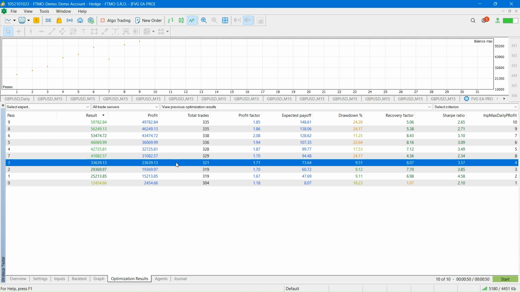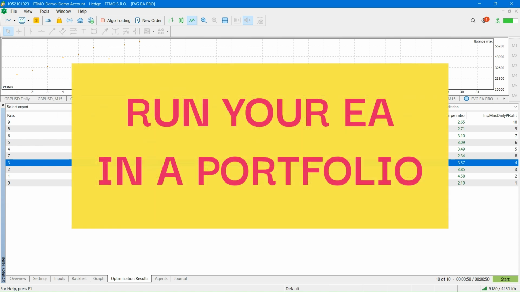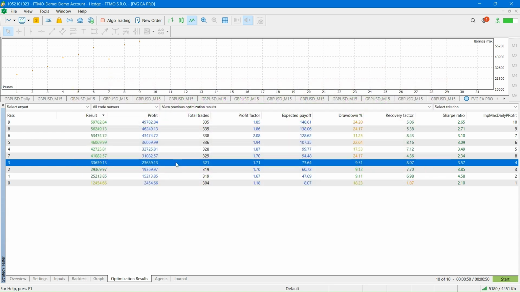As you know, and as I advise you all, whenever you do optimization or run any EA on your account, run it in a portfolio, run it on multiple symbols that are not correlated, on multiple strategies. For example, here I'm doing a counter trend. We can do a trend with a trend for EURUSD or whatever we can do there.